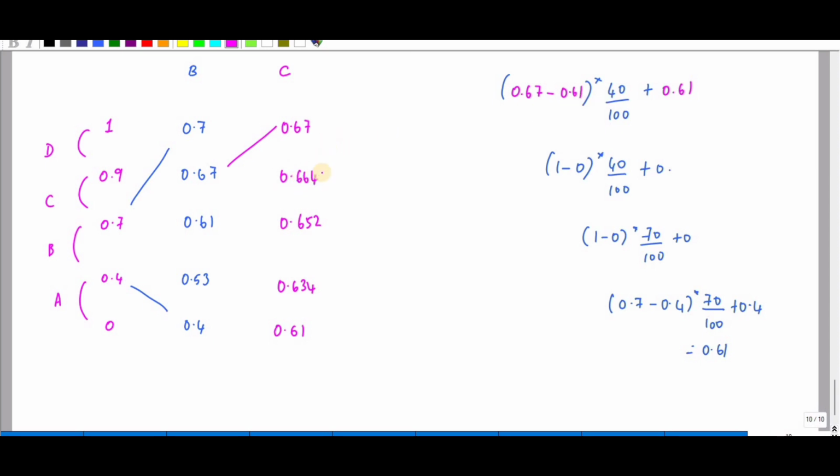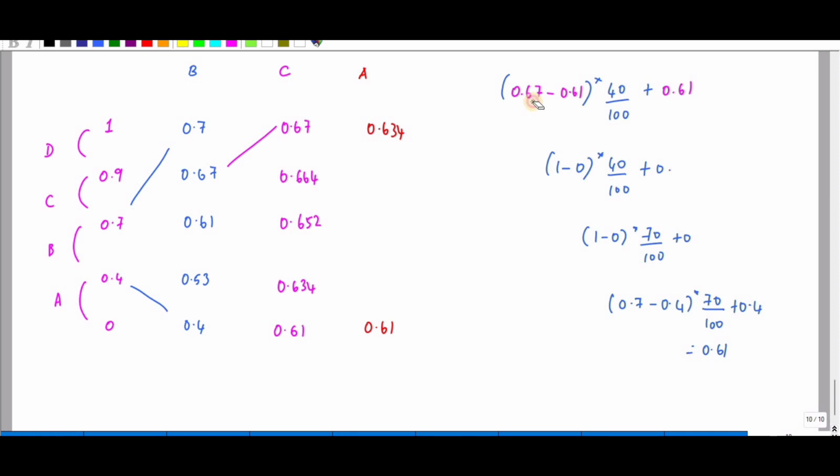The next symbol we are passing is A. A ranges from 0.61 to 0.634.